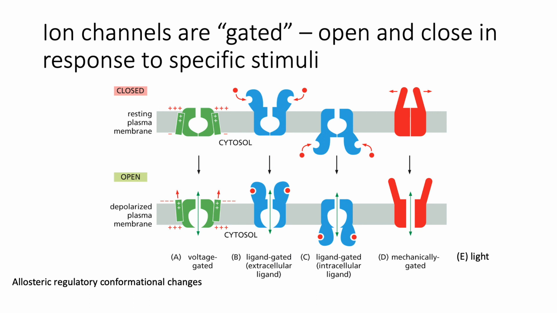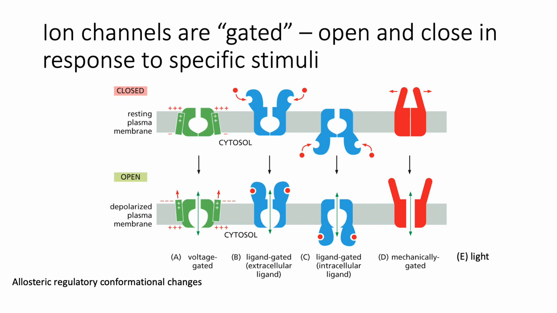And also hearing. Hearing is generated by mechanically gated channels. That is, there's the little hairs in the inner ear, and they move due to the vibration, and then that movement opens these channels. It allows impulses to take place.